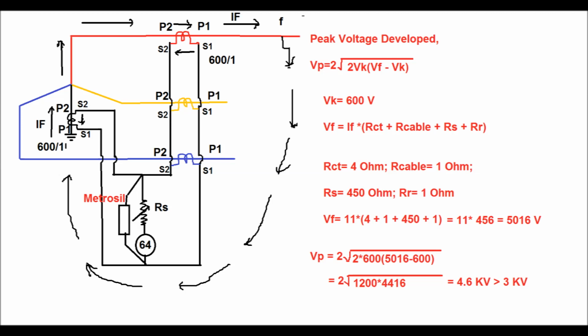Therefore, Metrosil must be used in this case, as the peak voltage is 4.6 kV, to protect the relay insulation and also the CT secondary circuit insulation. If the resistor value is less, and Vp comes as less than 3 kV, then Metrosil may not be used in these cases.